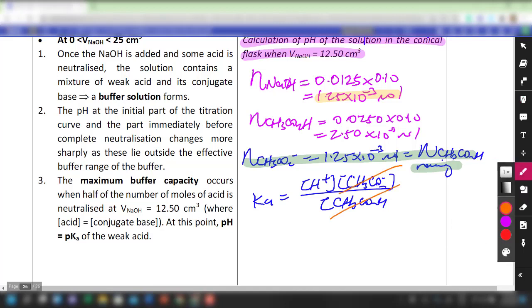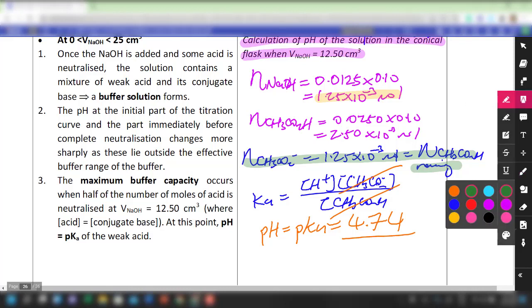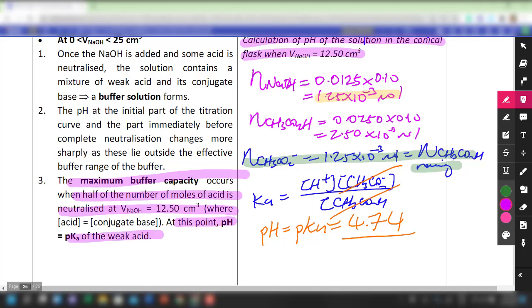Therefore pH equals pKa, which is 4.74 in this case. This answers the point that the maximum buffer capacity occurs when half of it has reacted, and pH equals pKa.